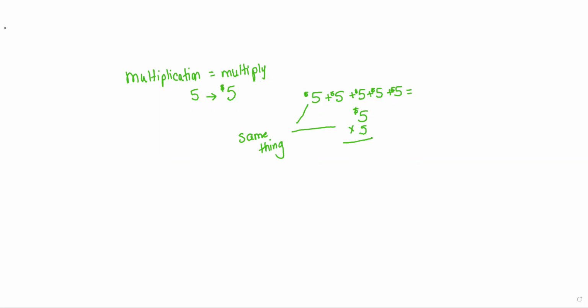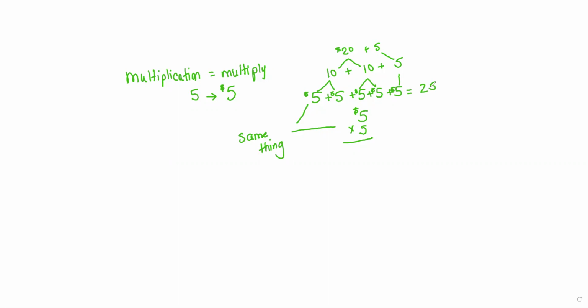So either way that I do it, I could have 5 plus 5, that would be 10. 5 plus 5 is 10, plus 5, 10 and 10 is 20, plus 5. Oh, that's 25. Or I could just count by 5s: 5, 10, 15, 20, 25. And either way, it is the same.